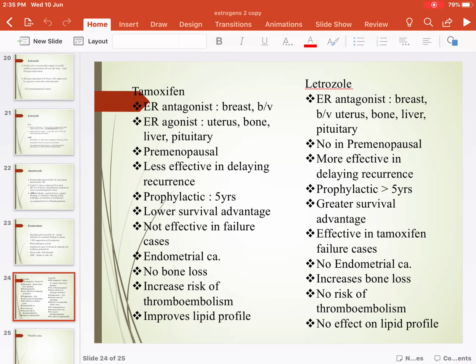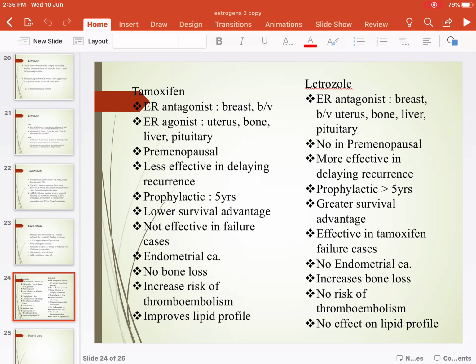Tamoxifen is used in premenopausal women, whereas letrozole is used in postmenopausal women. We don't prefer it in premenopausal women. Delay in recurrence, that is, it is used as prophylaxis. So tamoxifen can be used as prophylaxis but is less effective. Letrozole is more effective. Survival advantage is greater with letrozole.